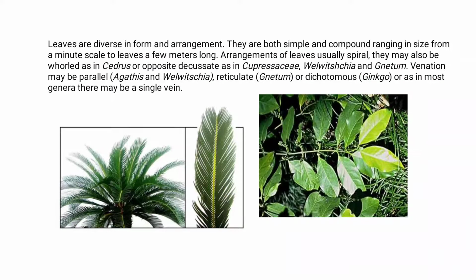Next, we will move on to the morphology of leaves. In case of gymnosperms, you will find various forms of leaves. In different plants, you will find different forms of leaves, and even the arrangement of leaves on the stem is different in different plants.